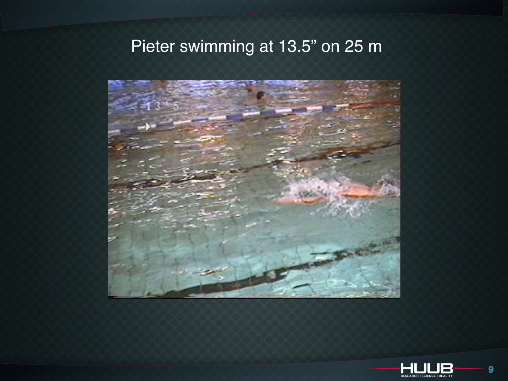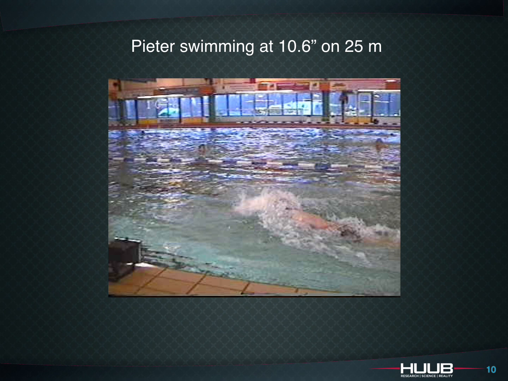And now we asked Pieter to swim a little bit faster and see how his wave formation changes. Now he's swimming about 13.5 seconds on 25 meters. And now he's going to swim much faster, and you see a very big difference in how the waves are formed.